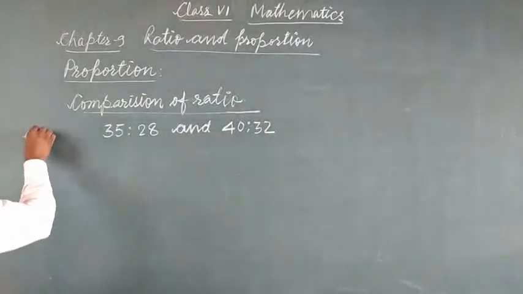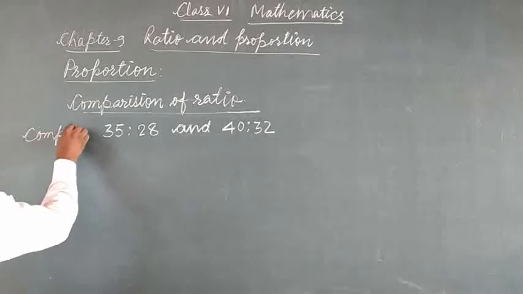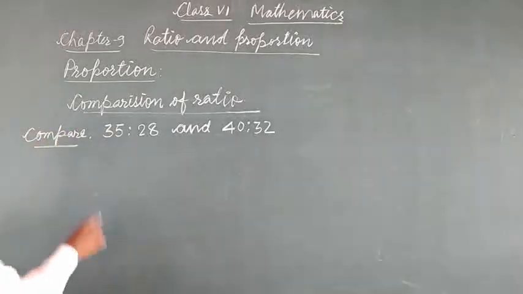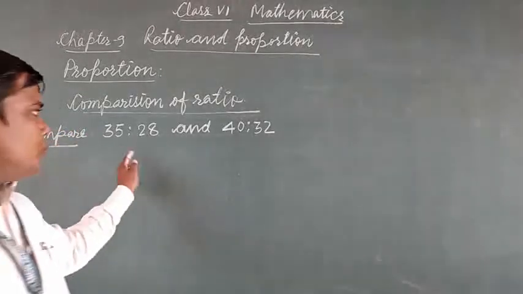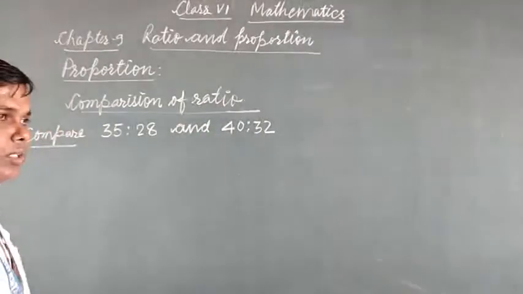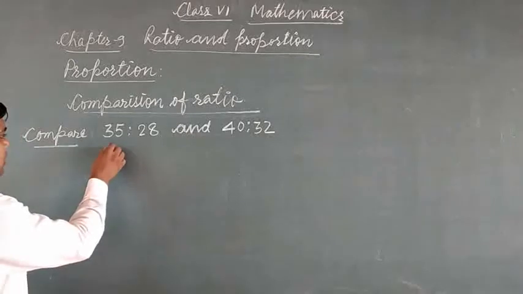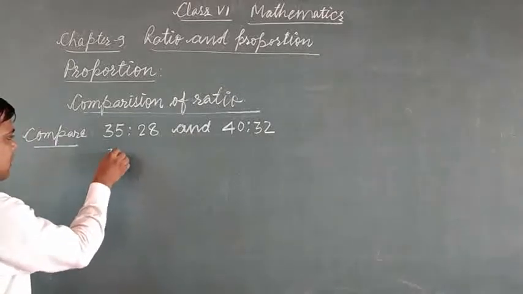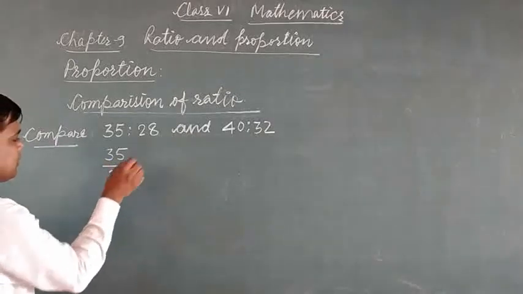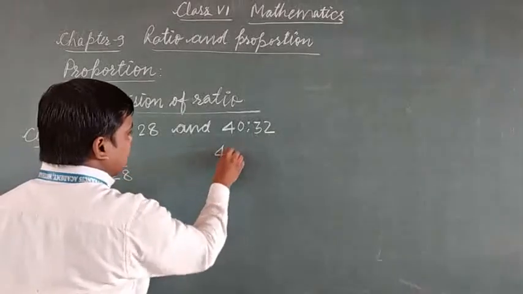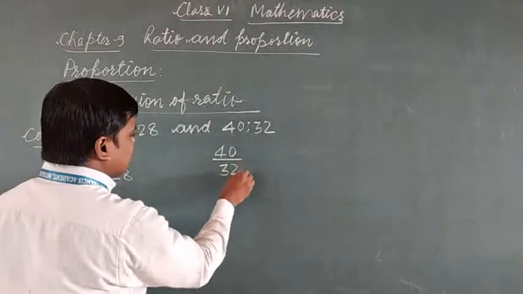We have to compare these two ratios. So first of all, we will write these ratios in fractional form. 35 by 28, and this can be written as 40 by 32.